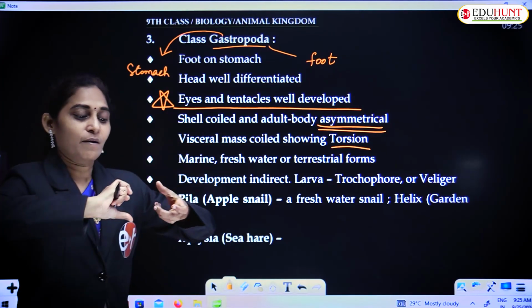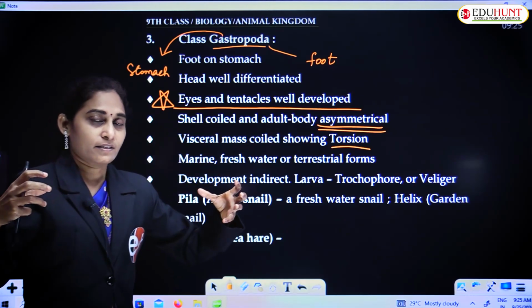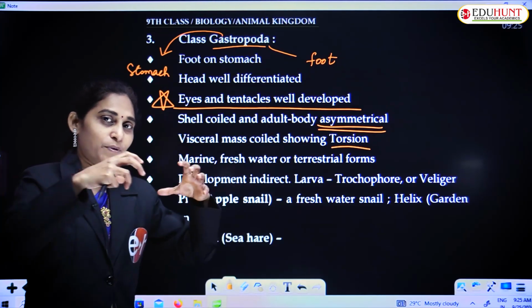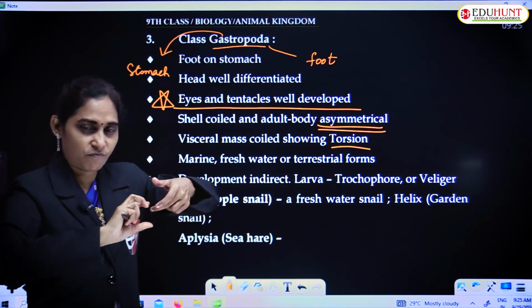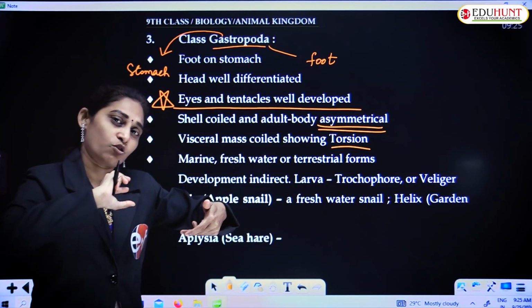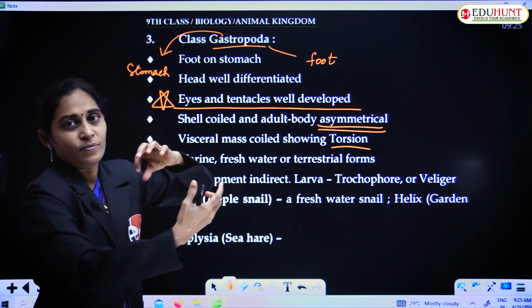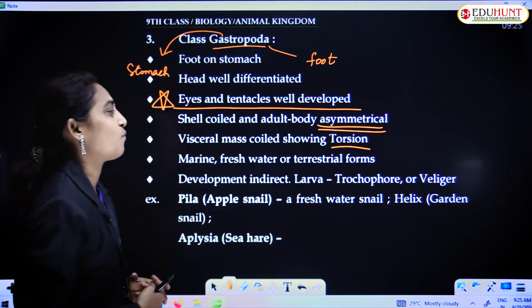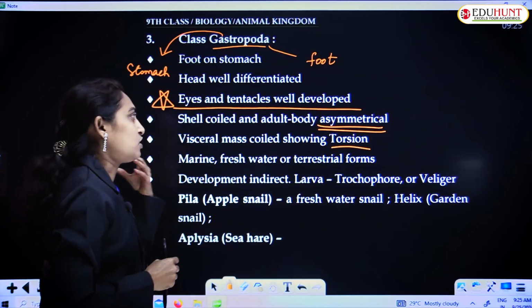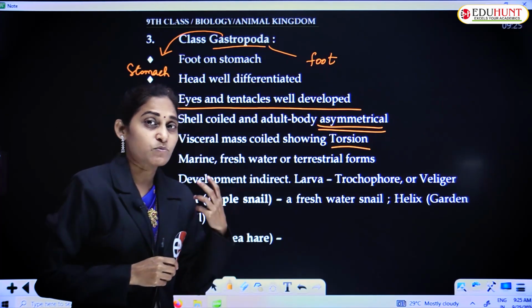Because the visceral mass is coiled, the shell also appears coiled. If the body is straight, the exoskeleton appears straight. If it is twisted, the exoskeleton is also deposited in a twisted way. That is why the shell is coiled and the body becomes asymmetrical.